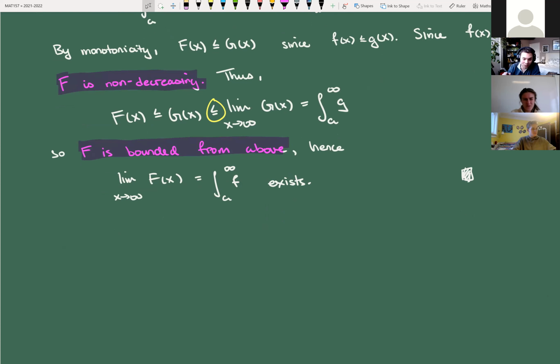Okay, so an important note here as well. This is not actually how the basic comparison test is normally stated, but we should state that the contrapositive is an important thing to remember here, right?